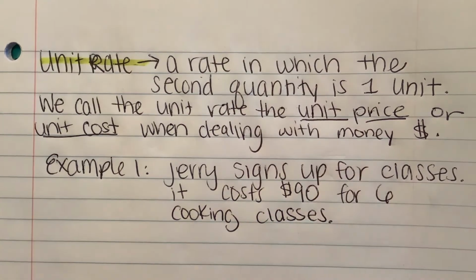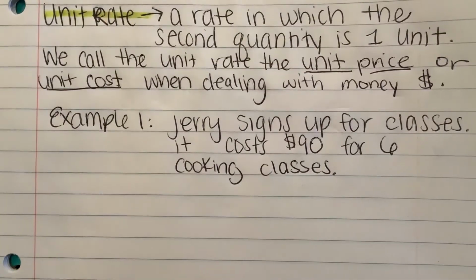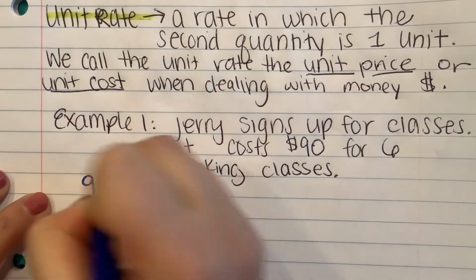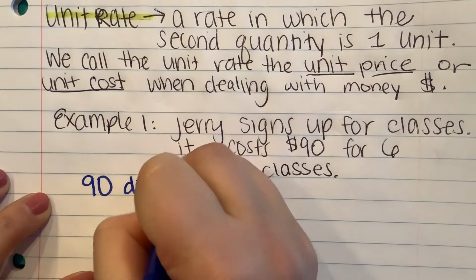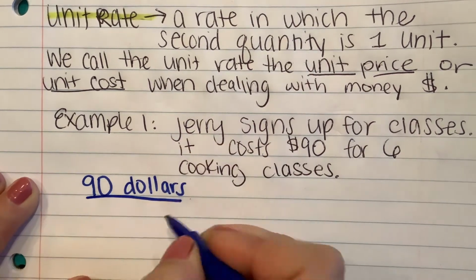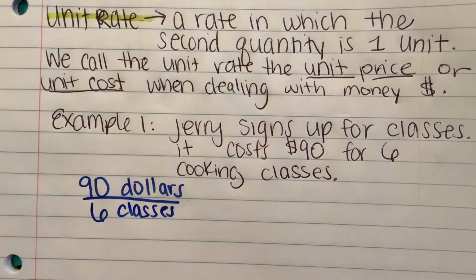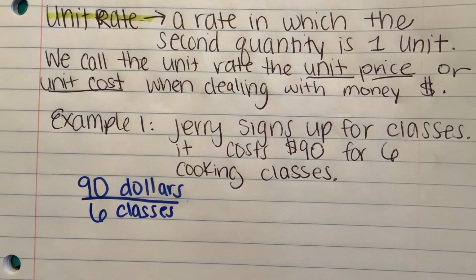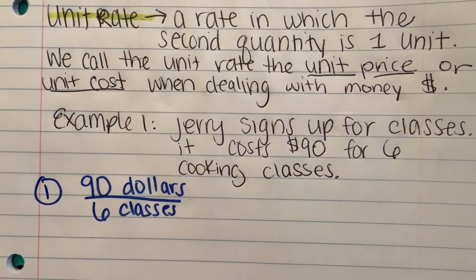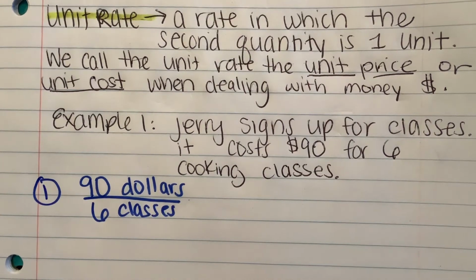So we can show this as $90, so we could spell it out, or we can show our dollar sign over 6 classes. So $90 for 6 classes. Okay, so step 1, we're showing that. For number 2, we're finding the unit rate.